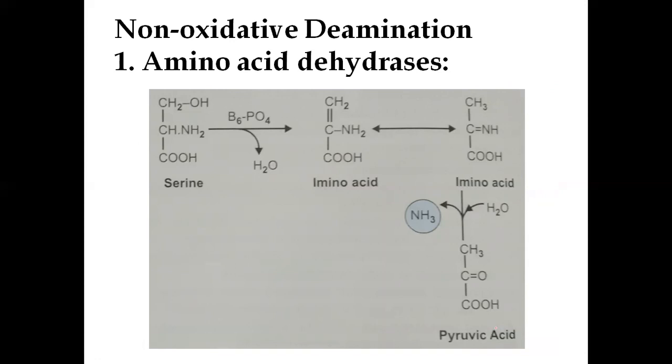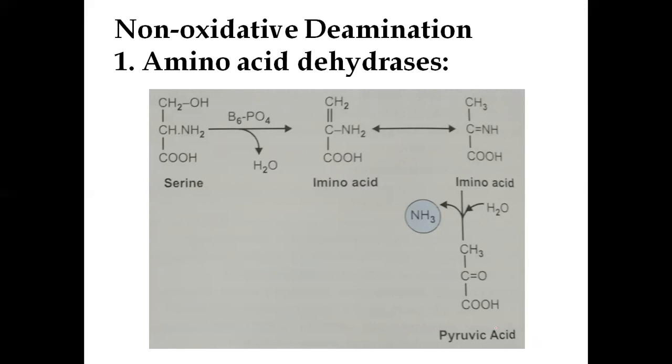Non-oxidative deamination, as the name suggests, takes place in the absence of oxygen. There are certain amino acids which can be non-oxidatively deaminated. They can remove their NH2 group in the absence of oxygen by specific enzymes, and they can form NH3.